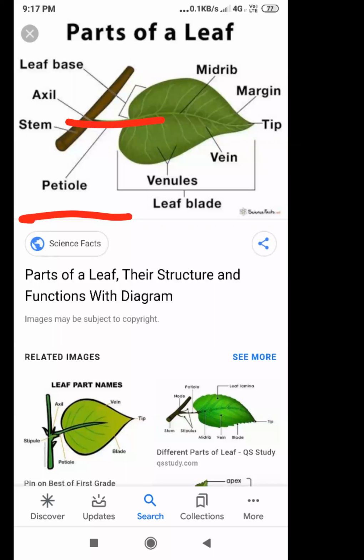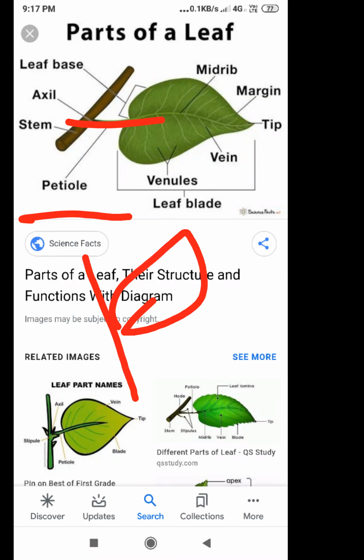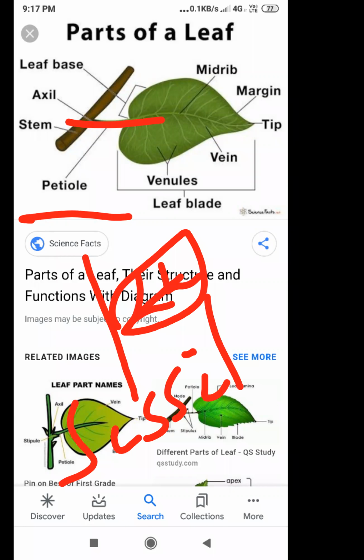Some leaves don't have petioles. Then the leaf is directly attached to the stem like this. This we call sessile. So we have two kinds.